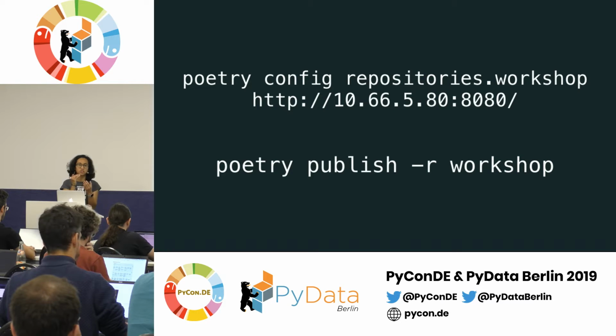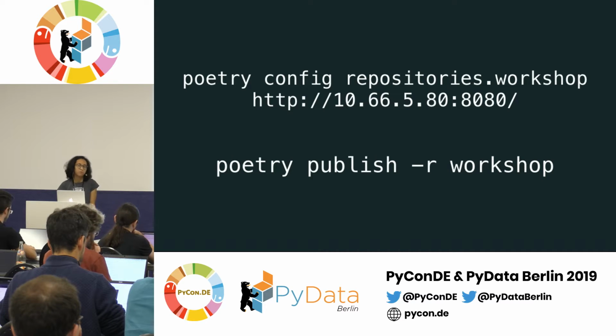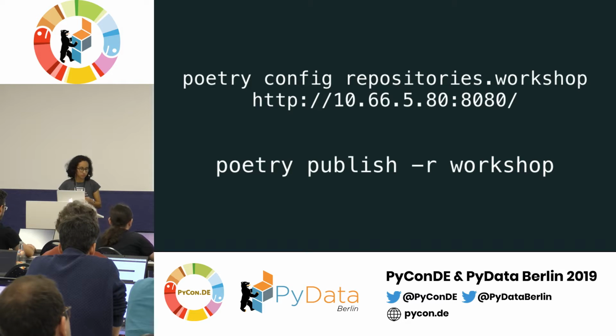It will first look at the public index, PyPI by default, and then your private repository. And I think that's also the behavior of pip. If you specified an extra index when you install stuff, it will look first in PyPI, and then it will look into your private repository.